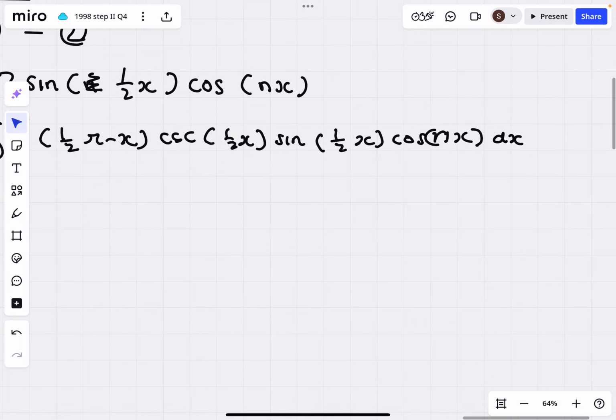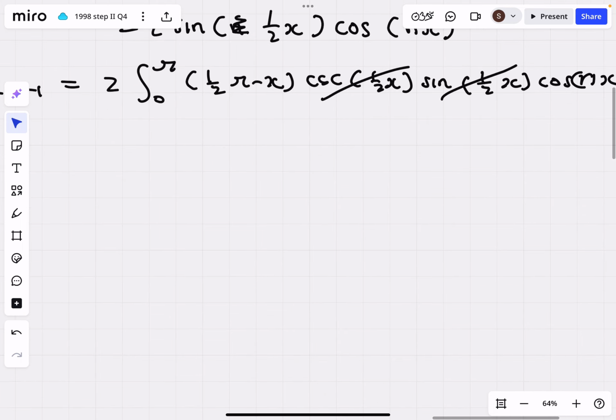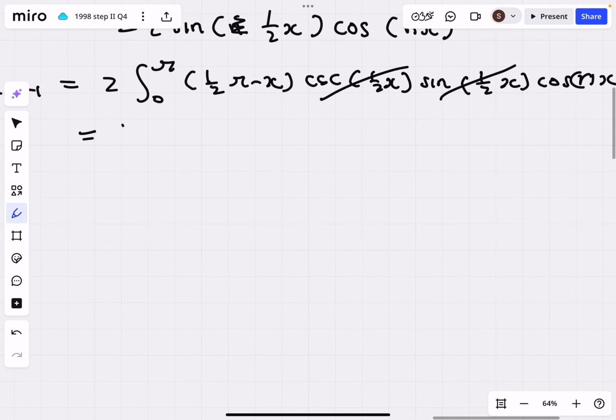Well, cosec is 1 over sine, so cosec a half x multiplied by sine a half x will just equal 1. So this becomes 2 times the integral from 0 to pi of (half pi minus x) cos nx dx.